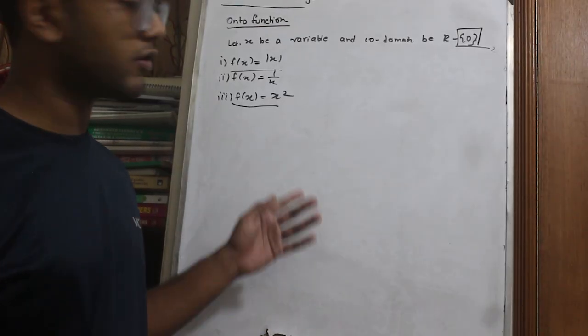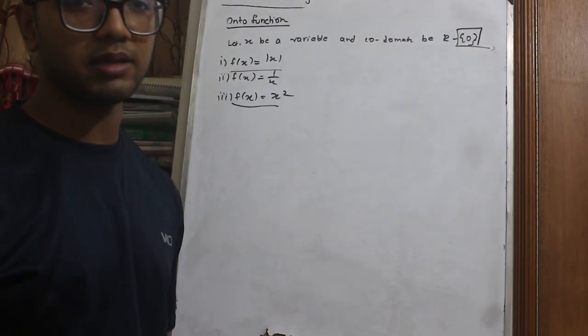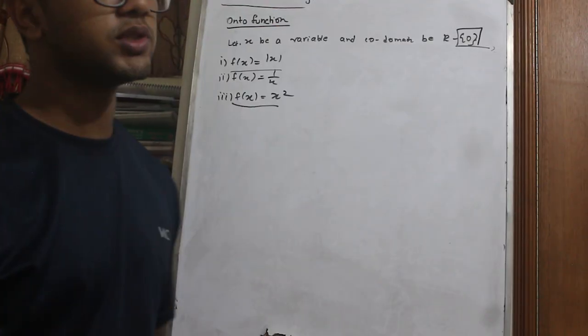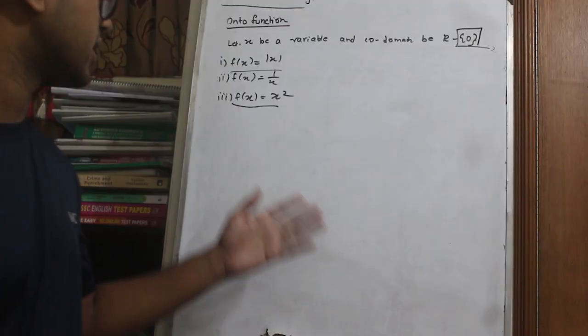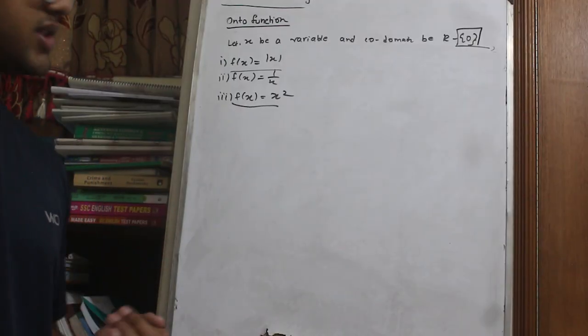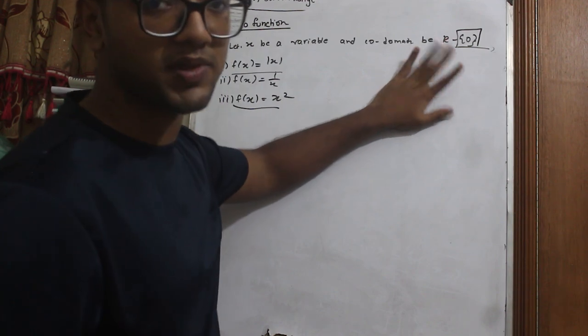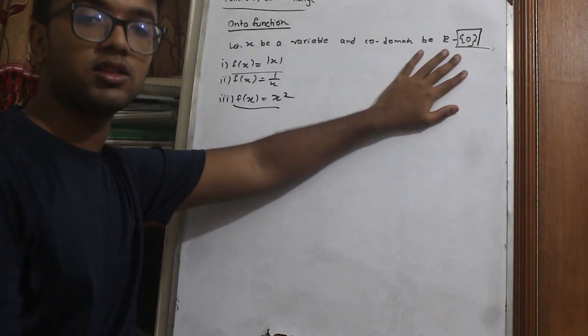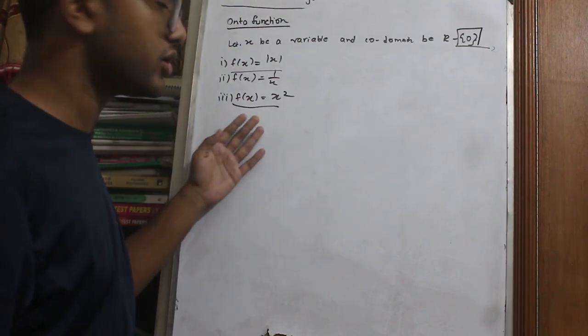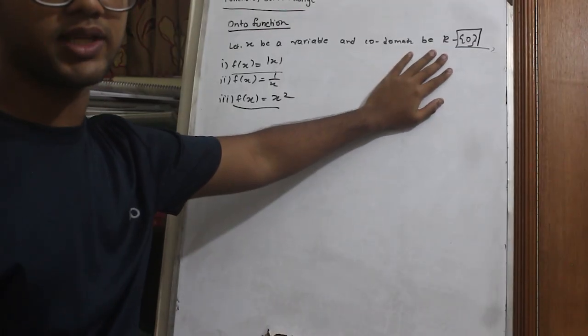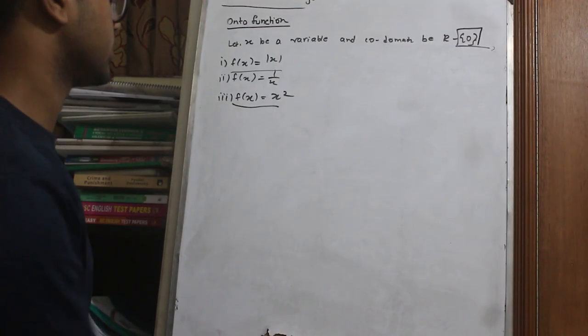Or we can look out for which functions, when we put the number 0, there is a range. The functions where, if we put input 0 and we also get a valid range, those are not the answers, because the codomain has been specifically mentioned that it cannot contain 0. So if the range of a function contains 0, it contradicts the codomain, right? And then it is not an onto function.